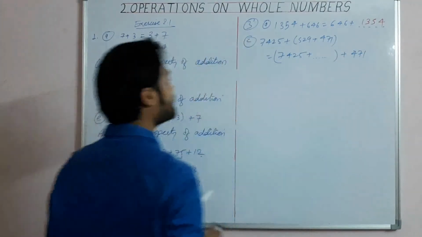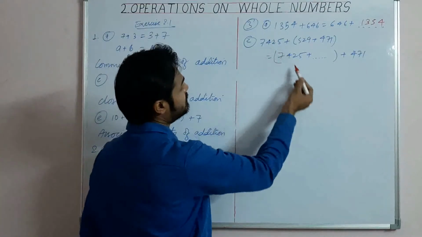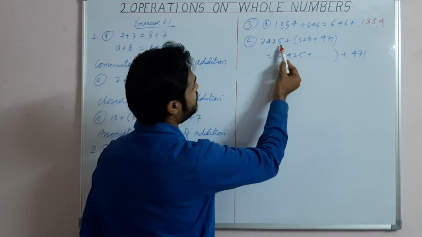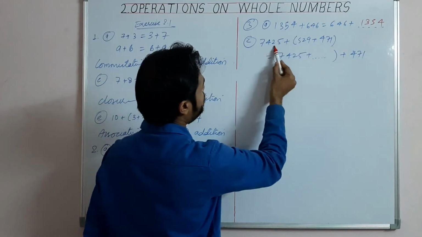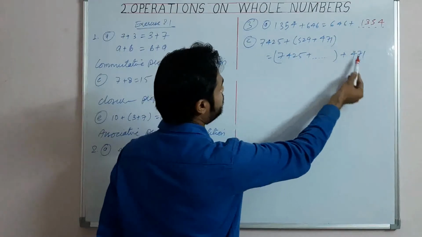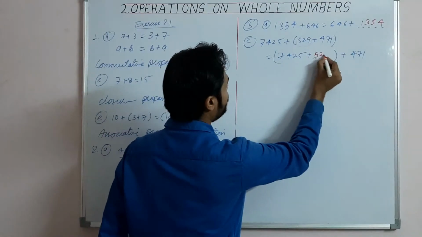Now the missing number is again found by using the associative property, these two are the same. Here 7425 plus 529 plus 471. Here 7425 is there, yes. 471, yes. The missing number will be 529.